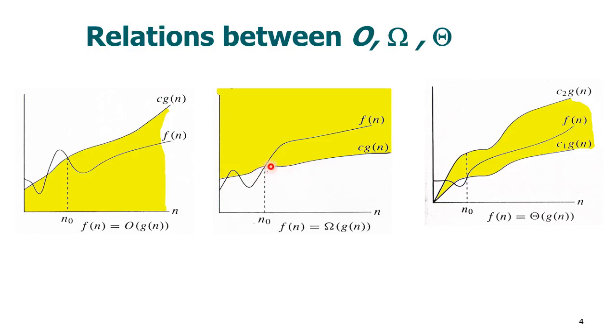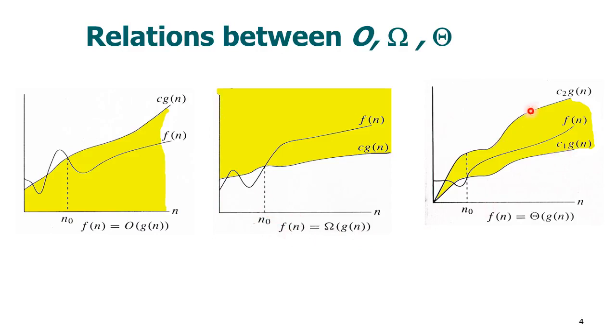So when n is greater than n0, the function f(n) has a value greater than c g(n). Hence c g(n) is the lower bound of the function when n is greater than n0, and in this case we say that f(n) is equal to omega(g(n)). We have to define a function such that it is a lower bound of f(n) for certain values of n. Then we can say that f(n) is omega(g(n)).